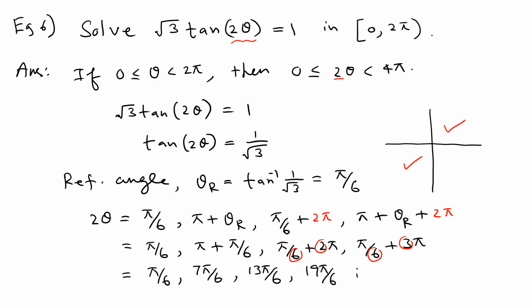So this is in 0 to 4 pi. But what we're looking for is theta. That means we're going to divide this by 2. So your final solution you can write like this.